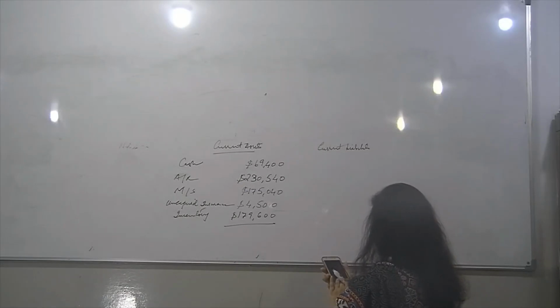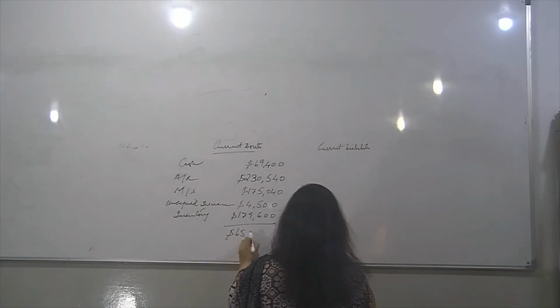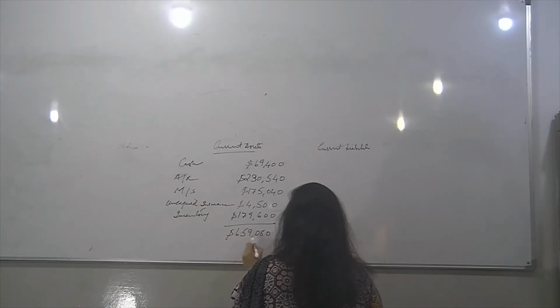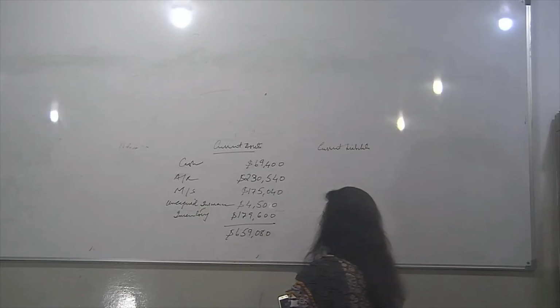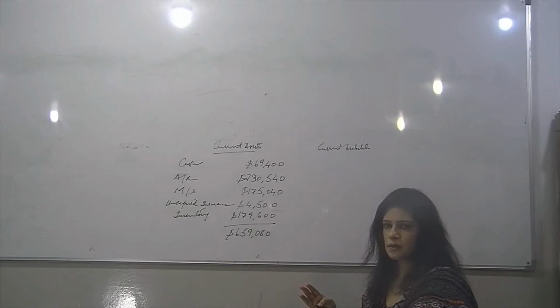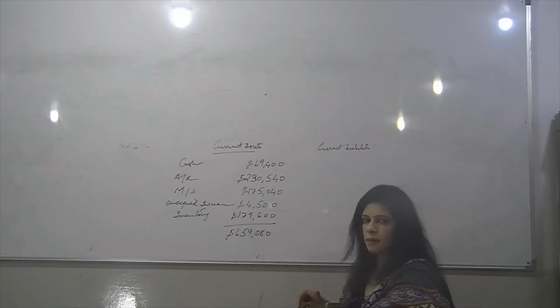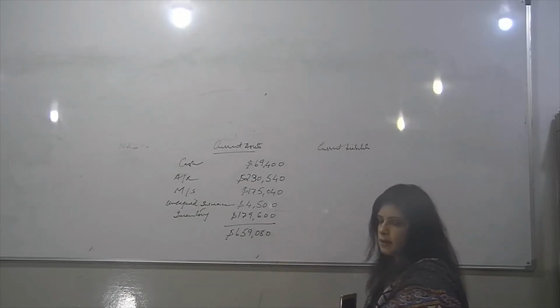The total is $659,080. So the thing is, you should always know that even if you have given someone leverage for 5 years to give you money, that would be a long-term note receivable. But if he pays you something in the current period, that will also be counted as current asset.